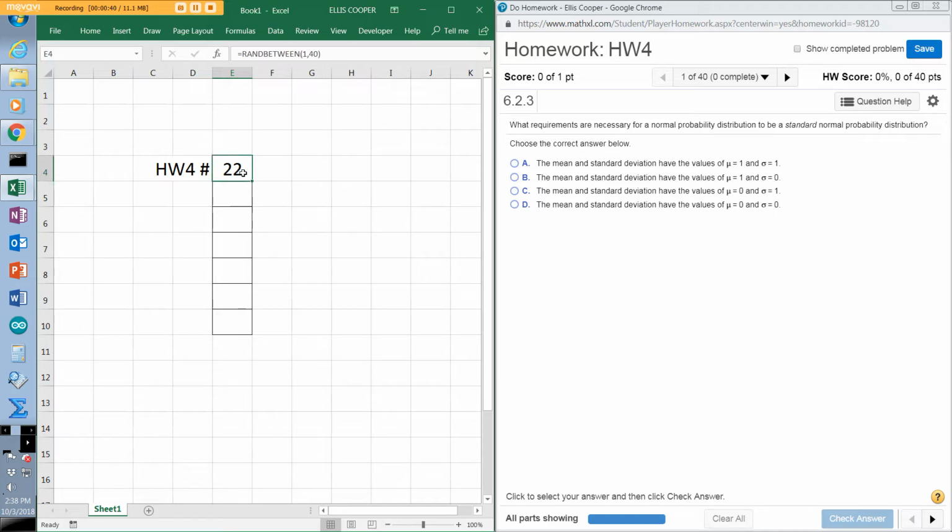Now I want to copy that formula down, so I'll go to the lower right hand corner here, and now I got these problems. Now I want to freeze these problems. You see, the thing is if you edit any cell at all, it forces Excel to automatically recalculate the values of these random numbers.